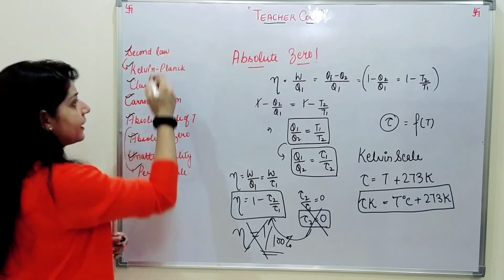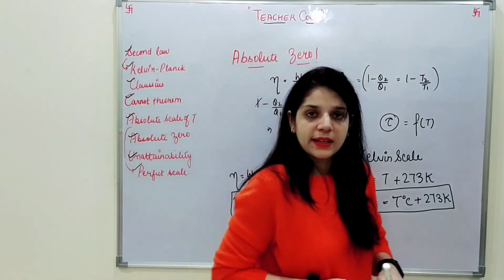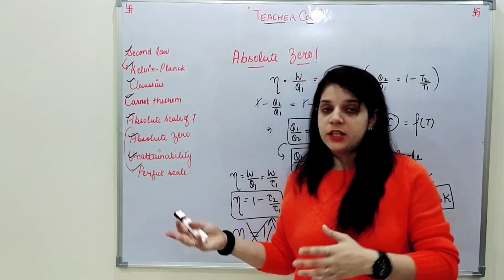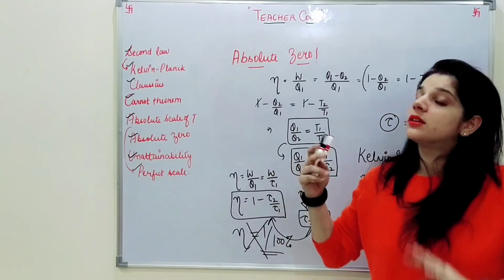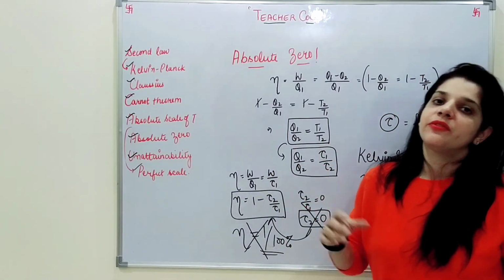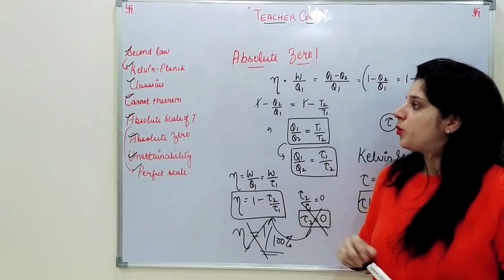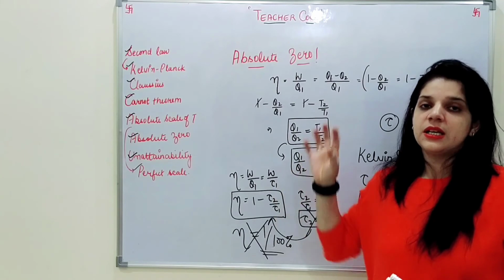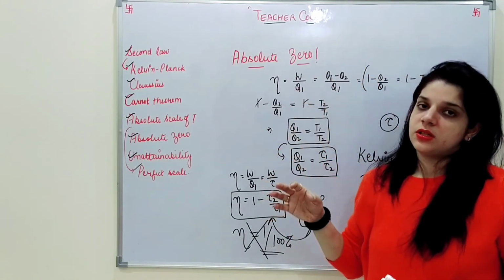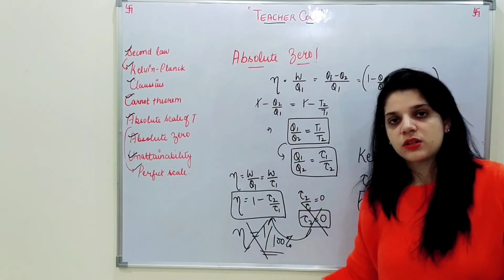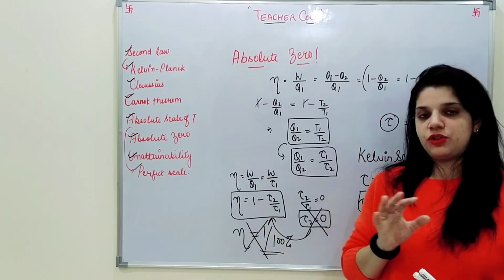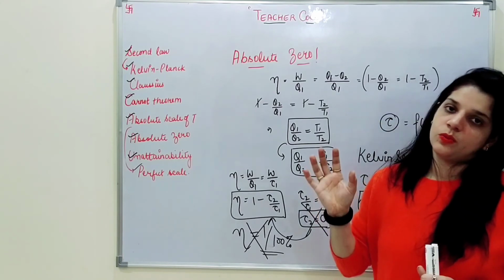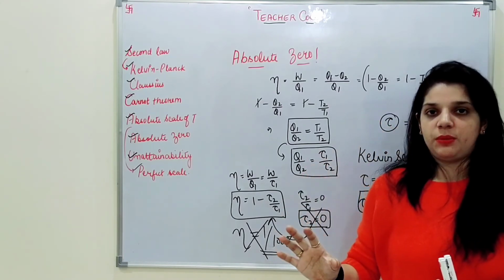We started with the second law of thermodynamics, the Kelvin-Planck statement with reference to heat engines. Then Clausius gave another statement of the law, which was in reference to refrigerators. Post that we did the Carnot theorem, which was the limitation of the efficiency, that the maximum efficiency you can reach is the Carnot efficiency, otherwise you will have an efficiency lower than that, and it will be the same for all heat engines working with the same temperature limits.